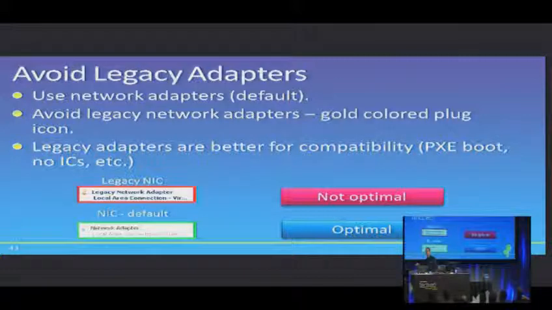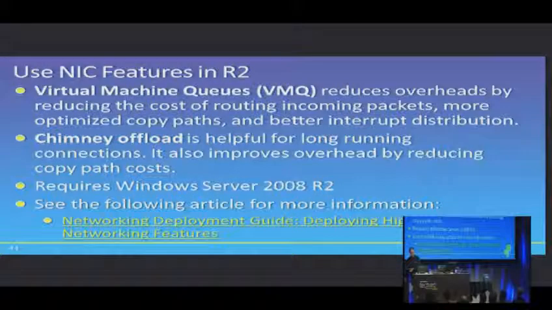And when we run emulation code, we slow down the entire virtual machine, not just the networking. So if you have a CPU-intensive load that's occasionally touching the network, if you have a legacy network adapter in there, your CPU load is going to run slower than if you have a standard network adapter in there. So that should be a default starting point.